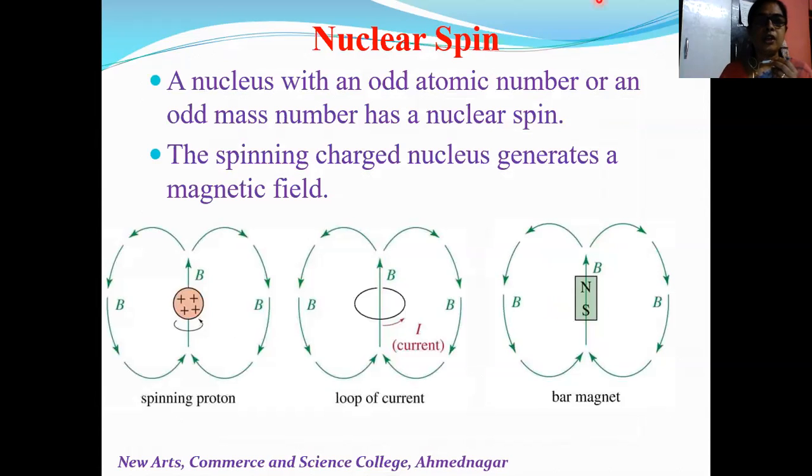A nucleus with an odd atomic number or an odd mass number has a nuclear spin. The spinning charged nucleus generates a magnetic field. That is what we saw in the last slide. Now there are three images: the first is the spinning proton, which is generating a magnetic field.